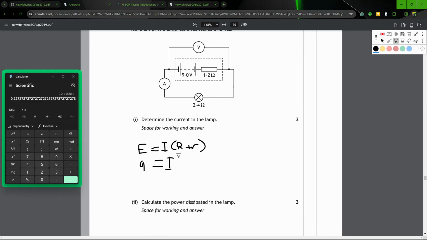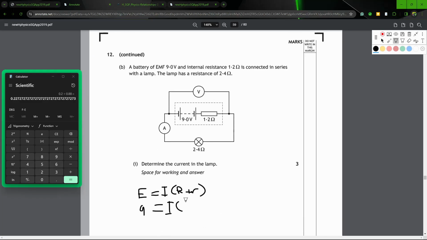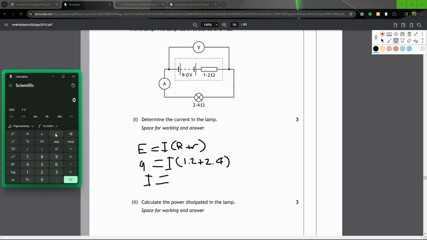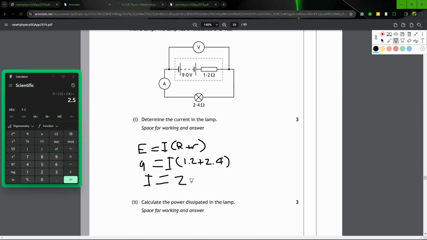We don't know I, but we do know both resistances. So I will be 9 divided by 1.2 plus 2.4, which is 2.5.